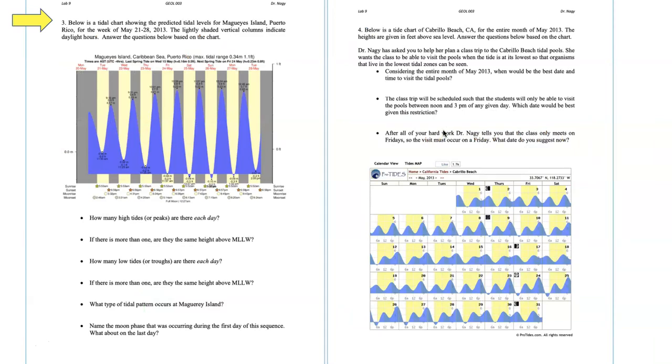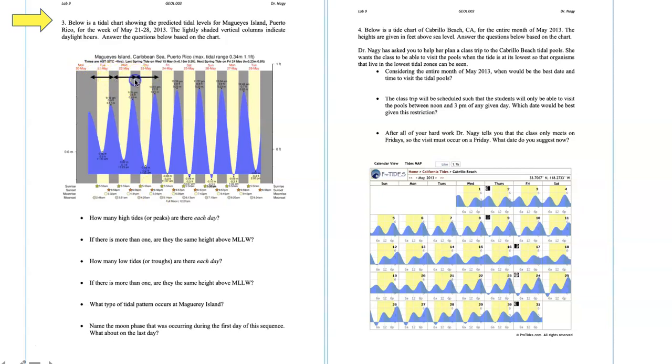Question 3 shows yet another kind of tidal chart. This one shows an entire week of data, not just 2 days. And in this case, the dark shading indicates nighttime, and the yellow shading indicates daytime. And so you can even see down here, there's sunrise, sunset, sunrise, sunset, sunrise, sunset. So a 24-hour time period is from the middle of one of these gray bars to the middle of the next.